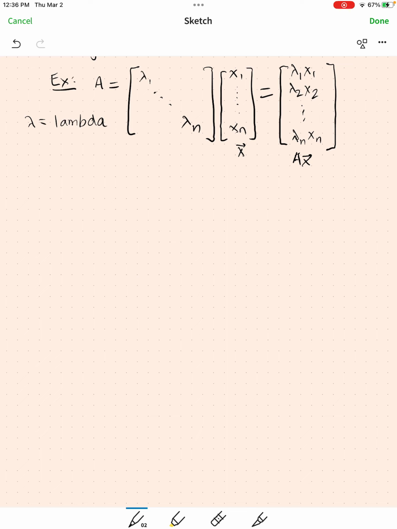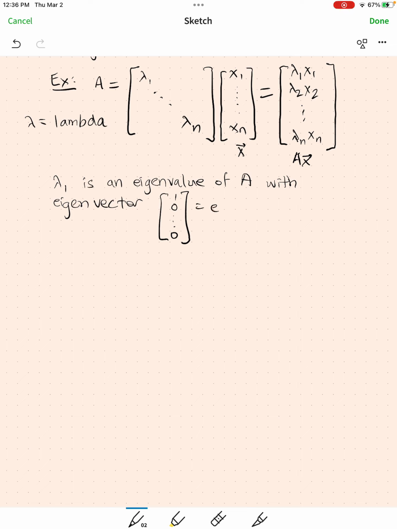Well, can lambda 1 be an eigenvalue? Lambda 1 is an eigenvalue of A with eigenvector. Can you come up with a vector that's scaled by lambda 1? I think it'll be 1, 0. It's going to be 1 for the first component and 0s everywhere else. So that's just E1, right?